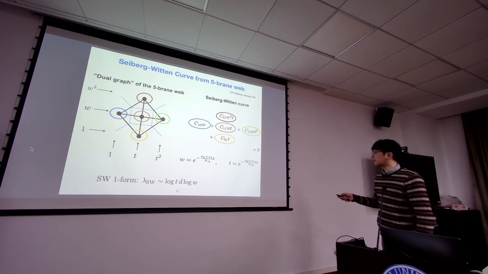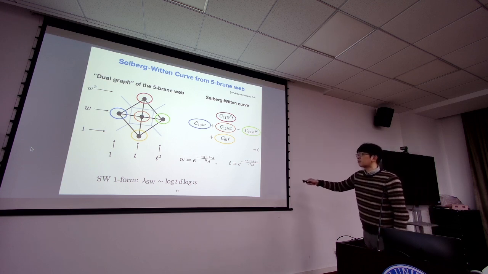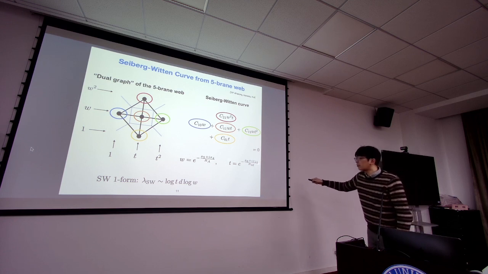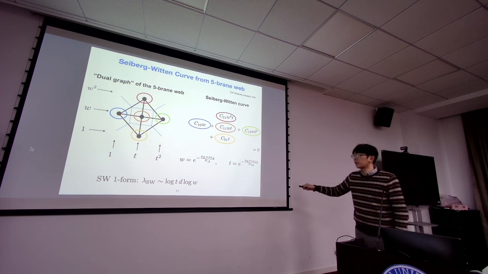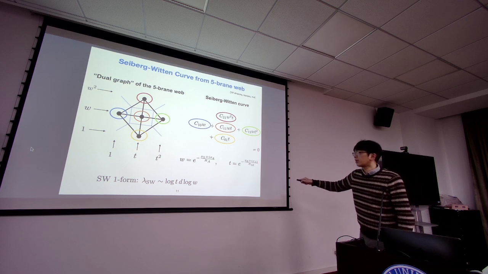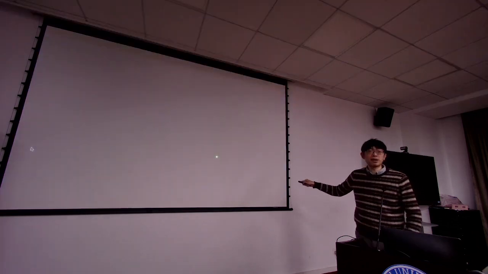By the way, a comment: this w and t correspond to the 4, 5, 6 and 11th directions. You see, 11 is the M-theory circle direction. The combination of this t is identical to the 4D case, but when we go to 5D, originally x5 plus i x4 was used as one complex variable, but in this case we use an exponentiated variable because, as I said, the x4 direction is now periodic.